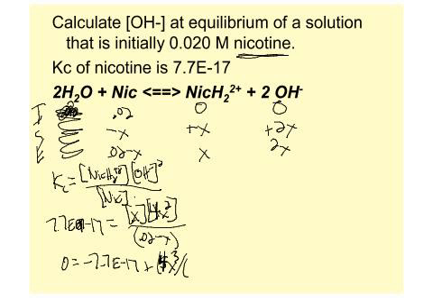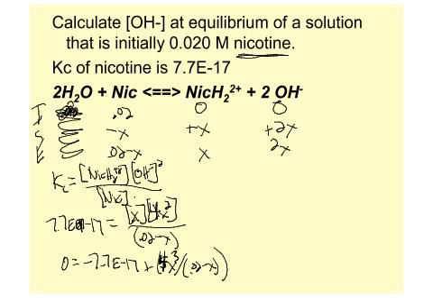Divided by quantity 0.02 minus x quantity. And that should work. So I'm going to get out my little calculator again. Again, hit the math button. And 0 takes me right to my beloved solver. I actually had to move up a notch so I can get the EQN 0 equals. Clear what's on there. Negative 7.7 E, whoops, and I did it wrong.